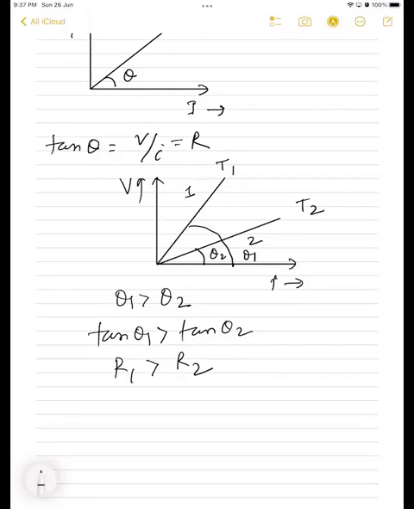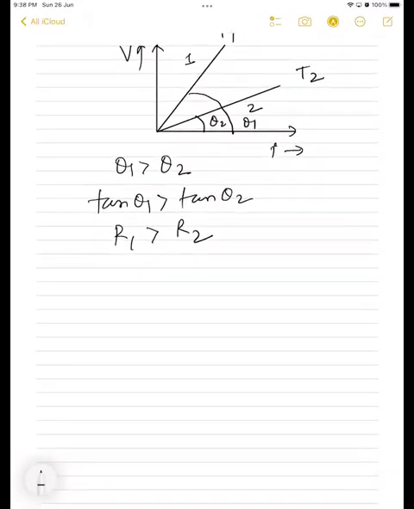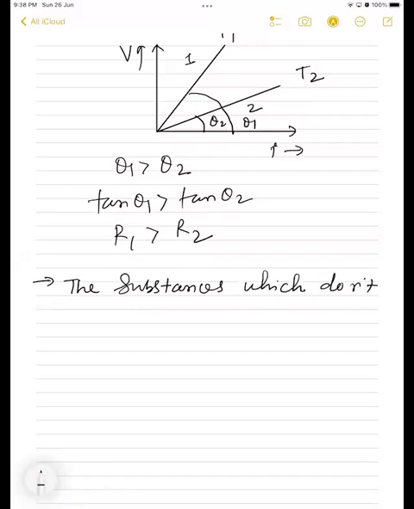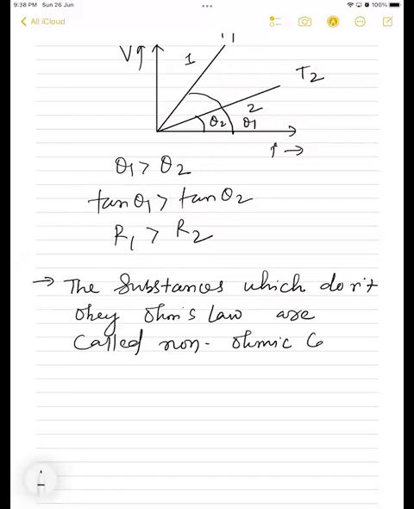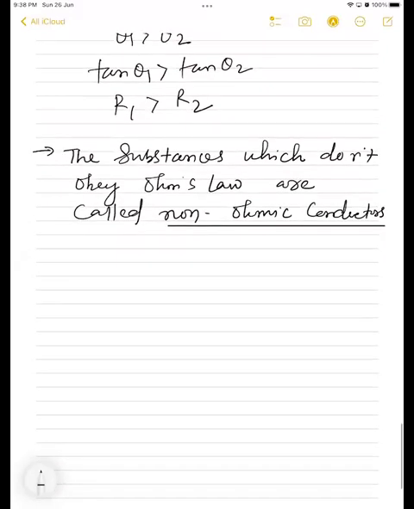The substances which don't obey Ohm's law are called non-ohmic conductors. Underline non-ohmic conductors, right?